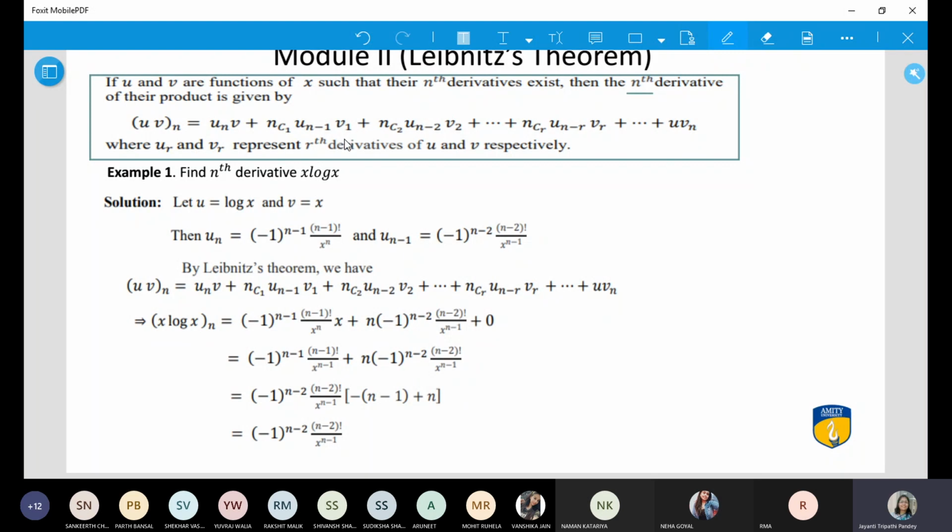I want you to note it down so that when I take up the question, you can understand what we are going to do. Please note down the theorem. And once you note it down, just let me know that you are done. Done?